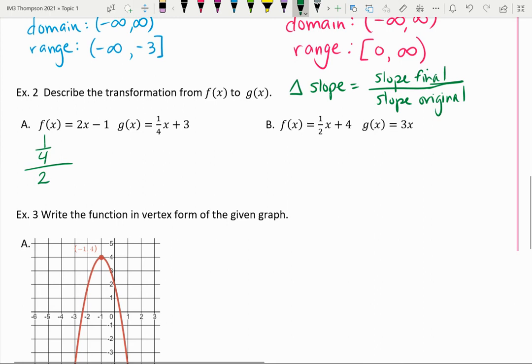Sometimes when I've got a fraction and a fraction, that throws us a little bit and makes things a little bit confusing. I can write this a different way. Instead of dividing by a number, I can always multiply by the reciprocal. The reciprocal of 2/1 is 1/2, which gives me 1/8.